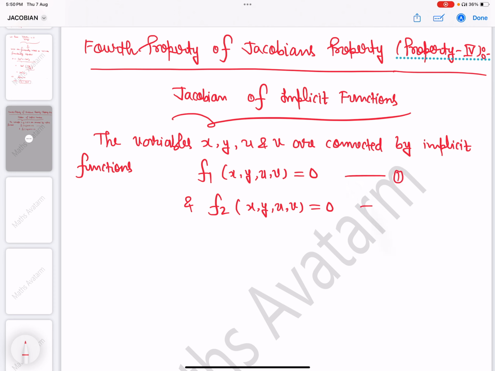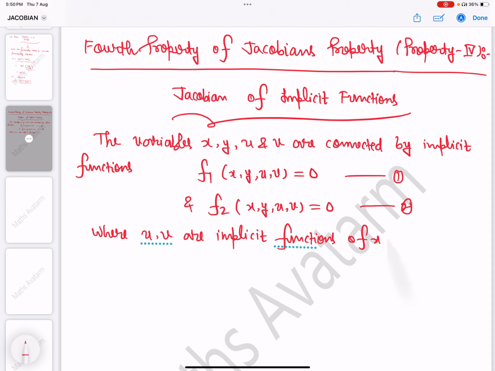Let's say equations 1 and 2. Okay, we have u and v as implicit functions of x and y.